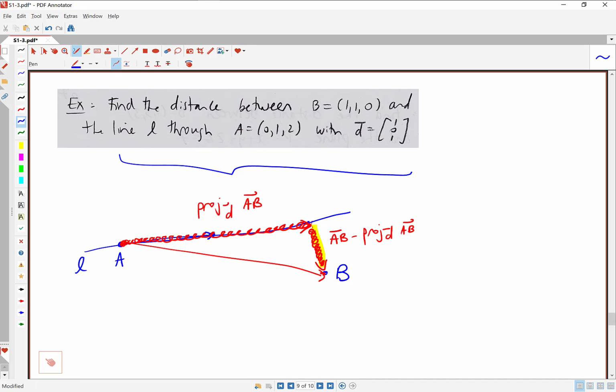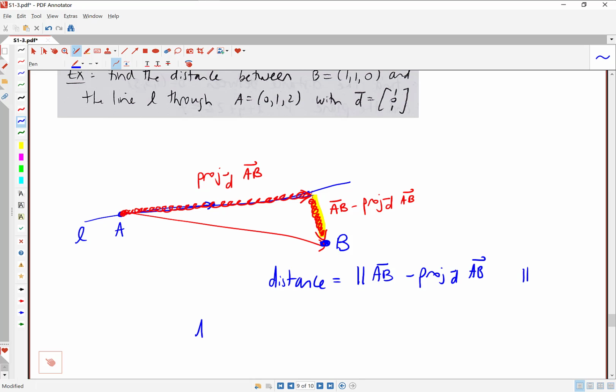So now the distance that we're looking for, being the distance between the point B and this line here, is going to be the length of that vector AB minus the projection onto D of AB.